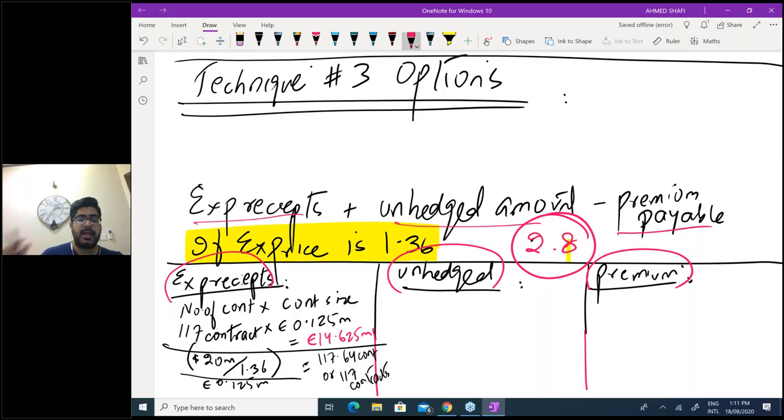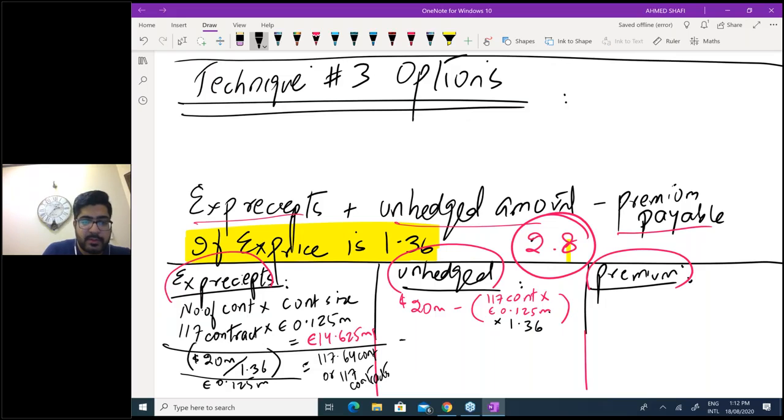Okay, unhedged. You know the formula of unhedged. Expected receipts in foreign currency, 20 million, minus number of contracts into contract size into exercise price.